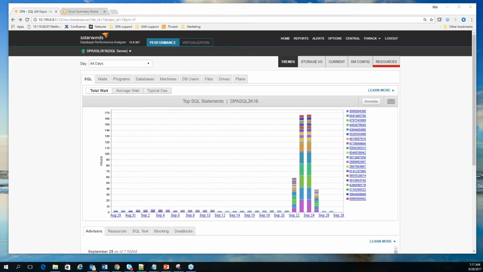One really cool thing coming with the next release of DPA, and specifically the DPA integration module, is integration with PerfStack. If anyone's leveraging an Orion product right now, the ability to bring the database data and metrics into PerfStack is on its way.